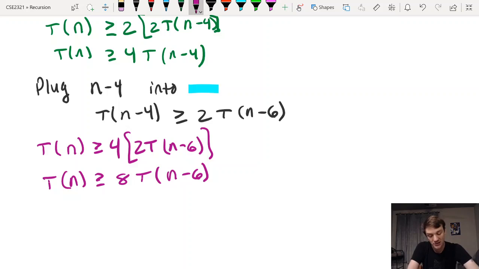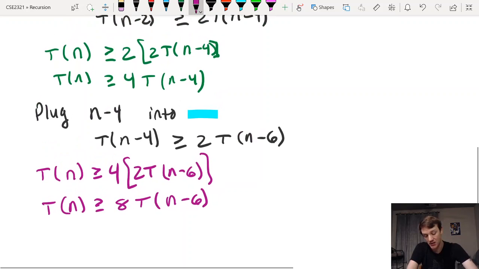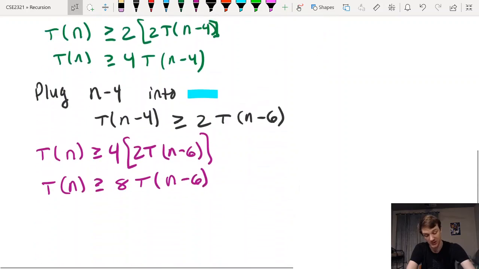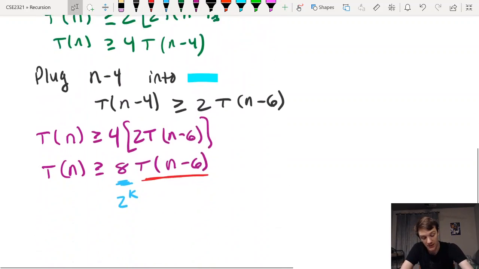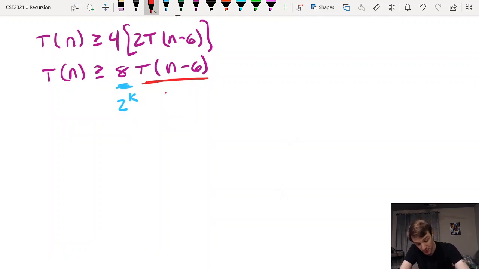So the coefficients look easy. We have 8 for this equation, 4 for the one above, and 2 for the original. Those are powers of 2. So this term looks like 2 to the k. The t of n minus term looks like t of n minus 6, t of n minus 4, t of n minus 2. That's multiples of 2.